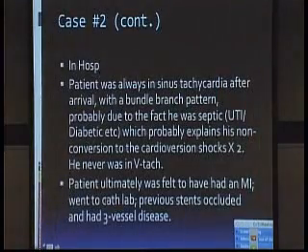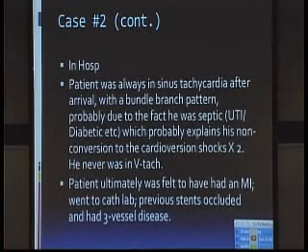In the hospital, ultimately got many more studies, was found to be sinus tachycardia, bundle branch pattern. He had a UTI, and that's probably why he didn't convert with the shocks. So in this case, it ended up being a sinus rhythm with aberrancy.